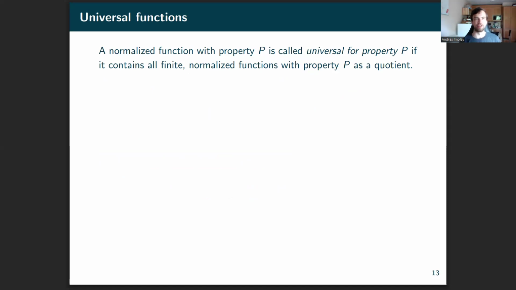But even more generally, a universal function is a function that contains every finite normalized function as a quotient with respect to some property P. This is a general framework. With properties, we mean something like submodular or monotone, so these kinds of properties of set functions.